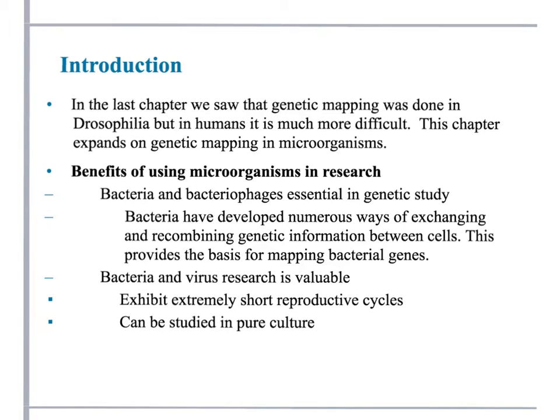So as nice as it is to know about the extensive mapping in the fruit fly, that would be really pertinent if you were going into a research environment, if your goal was to work in not just genetic research, but really any kind of biological research, where fruit flies might be an option.